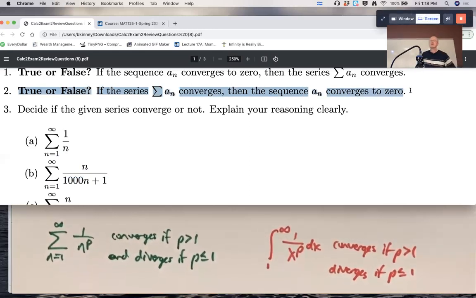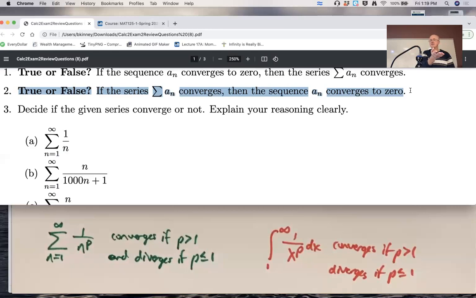Is 2 true or false? Somebody else? Go ahead. 2 is true. It is essentially the divergence test, or you might say it's the contrapositive of the divergence test. The divergence test, in its easiest to use form, is if the ANs do not go to 0, then the series whose terms are the ANs diverges.